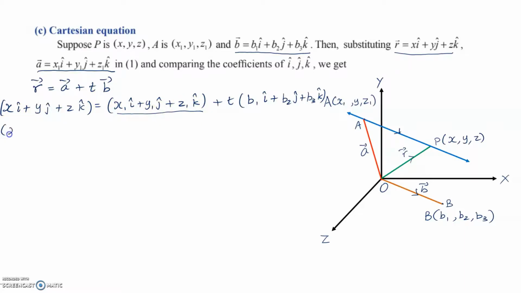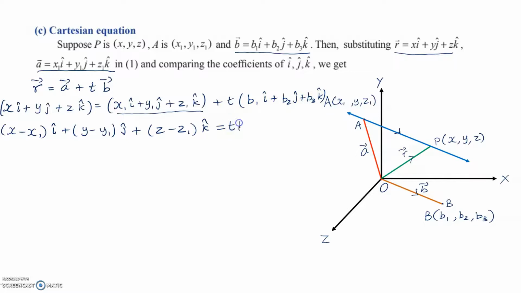So this will become (x minus x1) i cap. Okay, x, when it comes to this side, is minus x1, and we're making i cap common, plus (y minus y1) j cap plus (z minus z1) k cap is equal to, now let's multiply t with each of the terms inside.